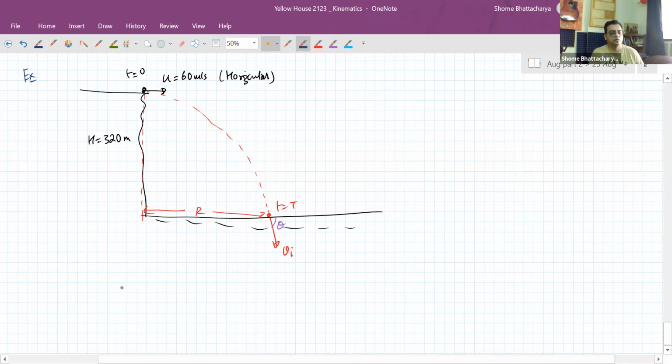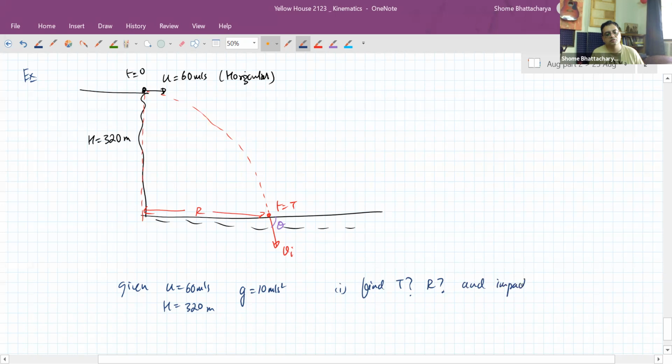So given all these things, u is 60 meters per second. The height of the position from which we are throwing it is this much, and g is 10 meters per second square. First of all, we have to find the time, the range, and the impact speed vi.